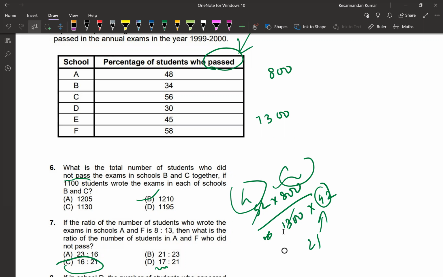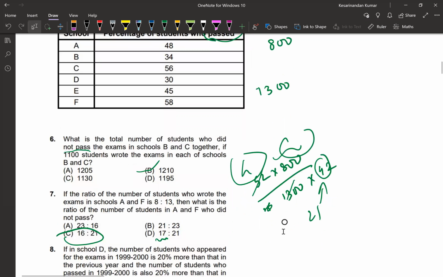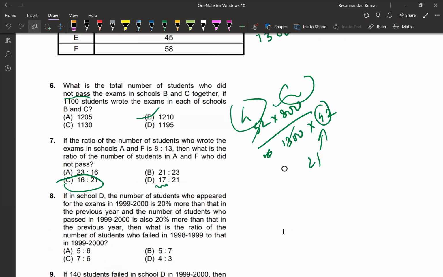Everyone? Yes. Kesari. Okay, great. Let's move to the 8th one. Now tell me the logic. I just want the logic.